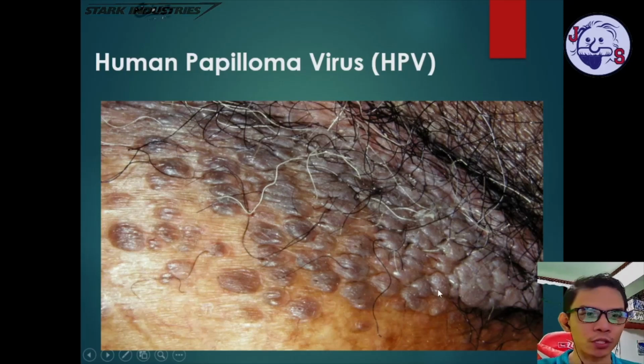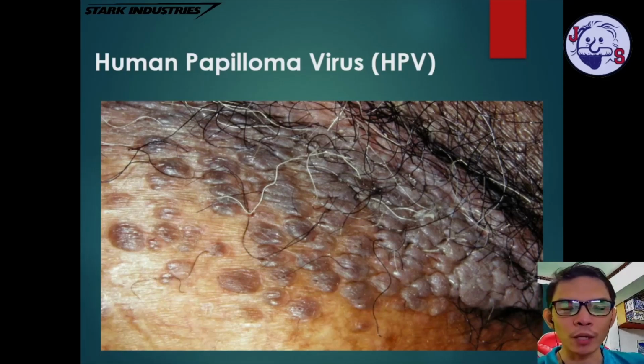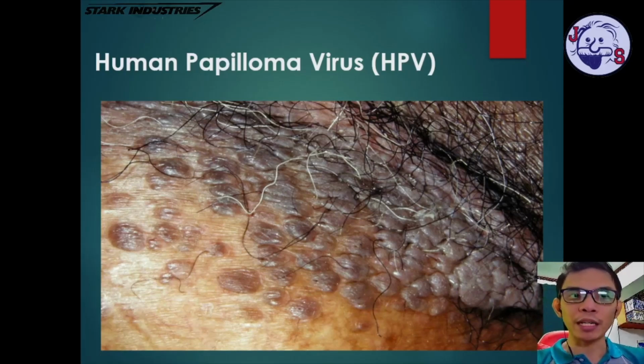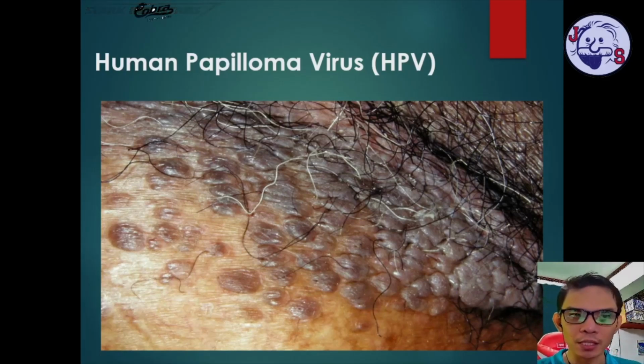You can see here some skin outgrowths. These are the genital warts, and they are very dangerous because they can cause cervical cancer. This particular virus is the causative agent of cervical cancer, which is one of the diseases that kills women worldwide.